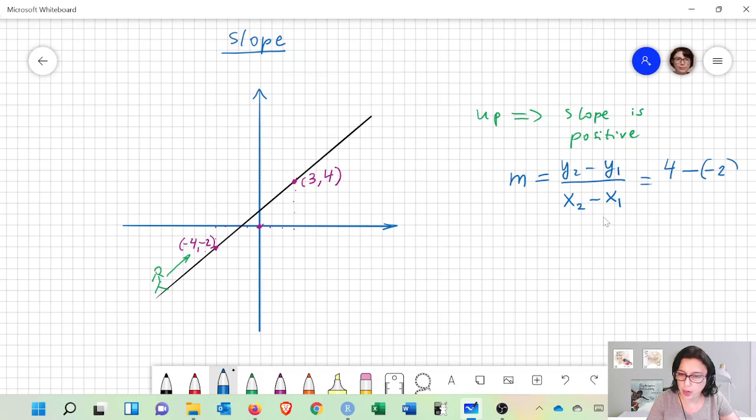Always when we subtract a negative, we have to put it in parentheses. On the bottom, x2 is 3, and then you subtract the x coordinate of the first point, which is -4. Subtracting the negative is the same thing as adding. So you get 6 divided by 3 plus 4, that's 7. So that's 6/7. That's one way to do it.